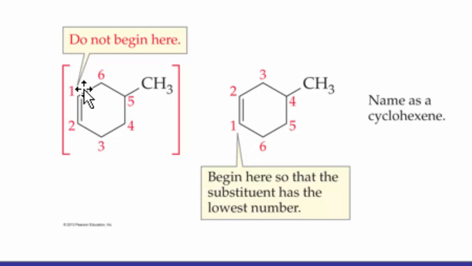Numbering must go through the double bond. But what determines this? The substituent. If we number from this side, methyl will take number 5. But if we number from down to top, it takes number 4. So this is better.